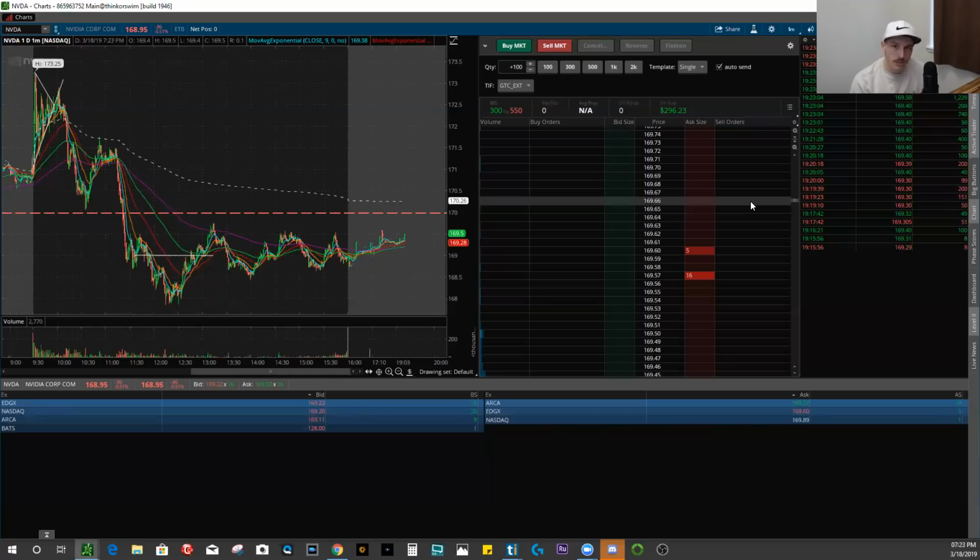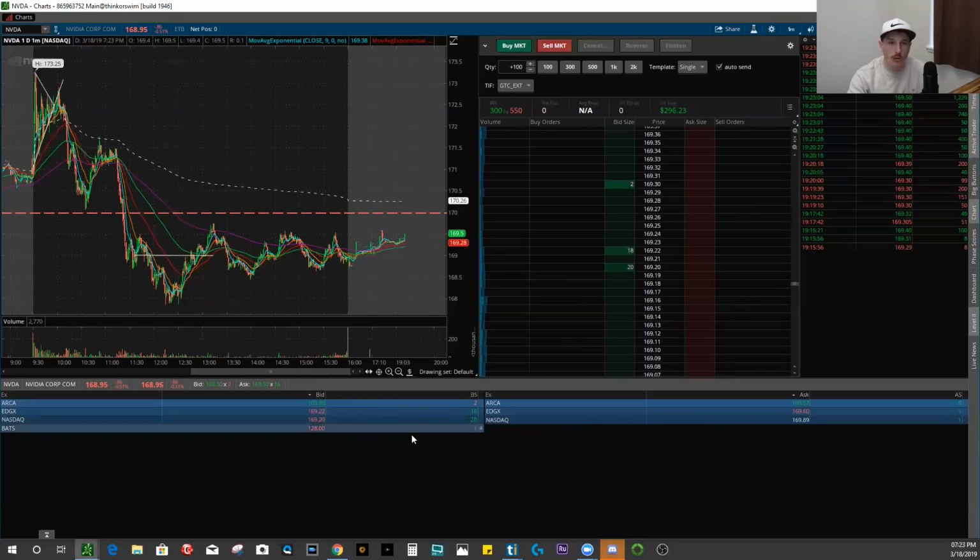Level 2 can be used to identify where there's strong levels of support based on how many people may be trying to buy at one specific price. And look at this. These are levels. 1, 2, 3, 4. These are just all different levels. So when you say level 2, they're literally levels. And you can think about them as stories of floors.